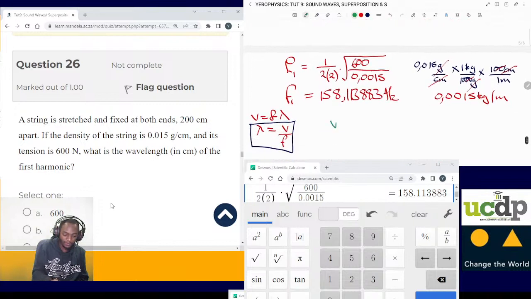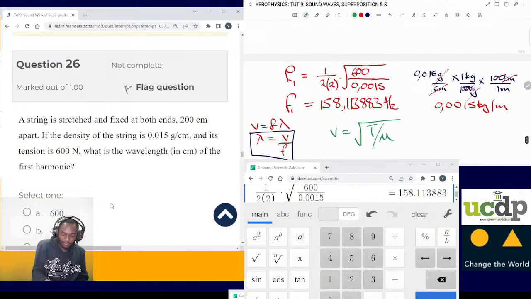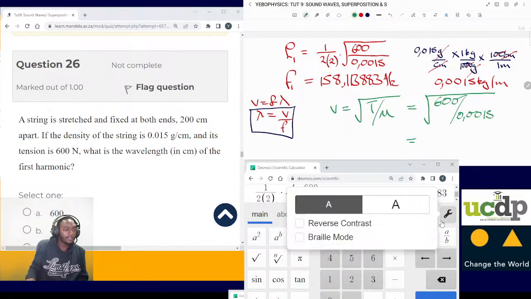So V is equal to the square root of tension over mu, which is equal to our tension 600 over the mu, 0.0015. So let's punch that to find our mu.